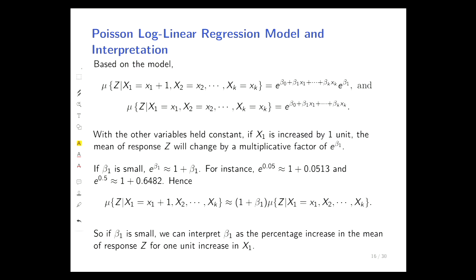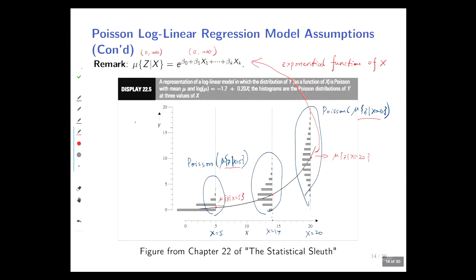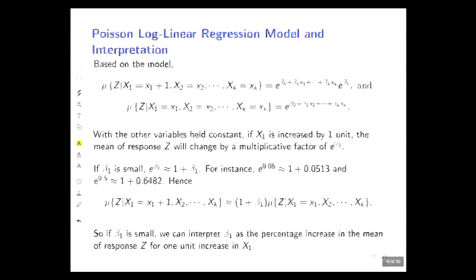If you look at the model, the most important feature here is that the mean of response is modeled as an exponential function of the explanatory variable. So you can compute the mean of response given x1 equals x plus 1, and the other x's equal to x2 to xk.